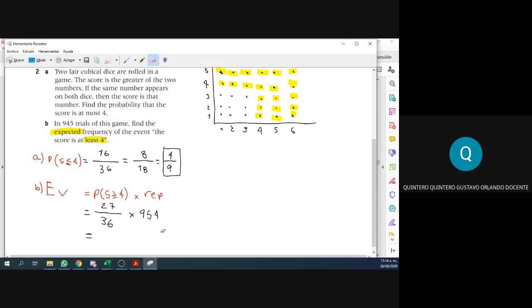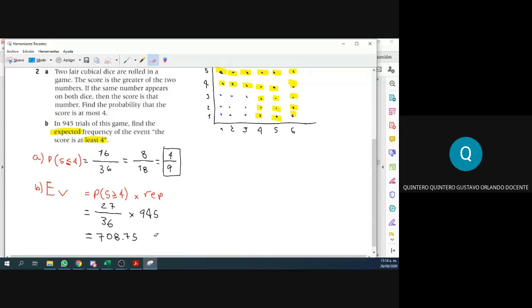I suck at this. Sorry. 45. Thank you. Eso me dio 708. 708 point something, right? 75, sí, pero no estoy seguro. 0.75. All right. We can round this if we want to.